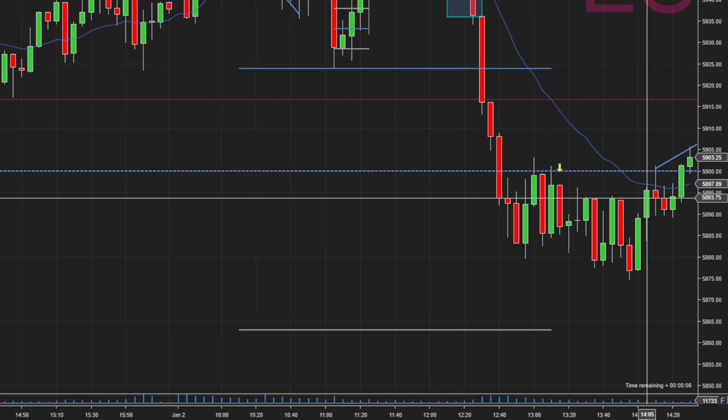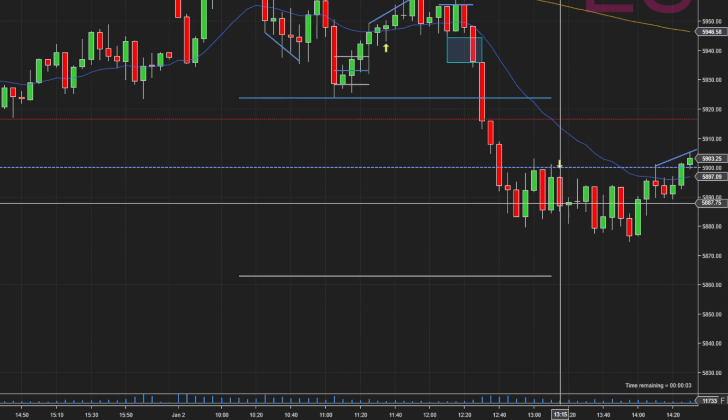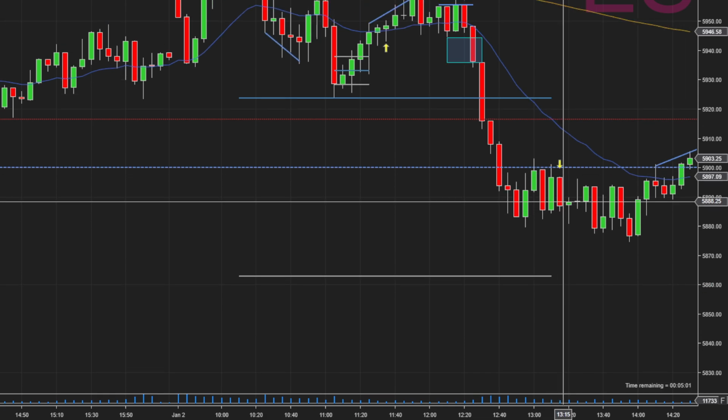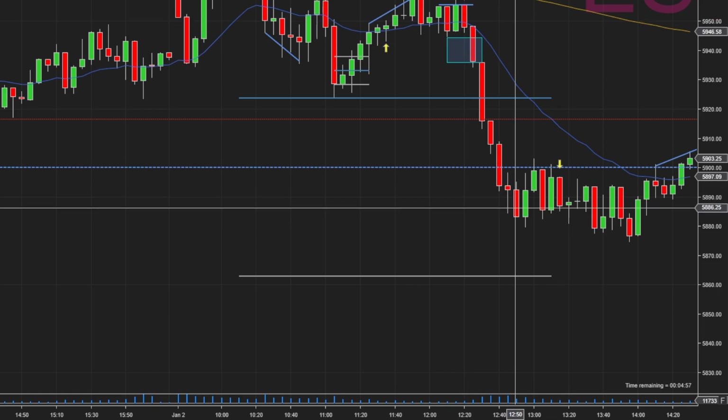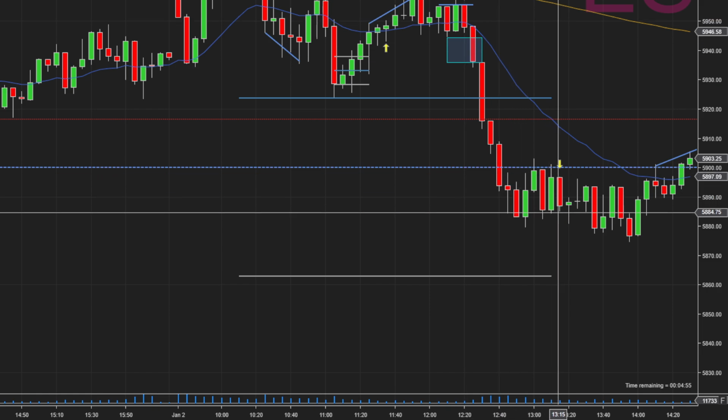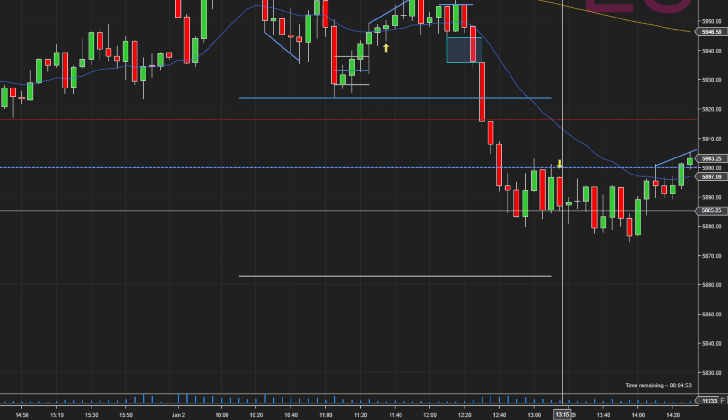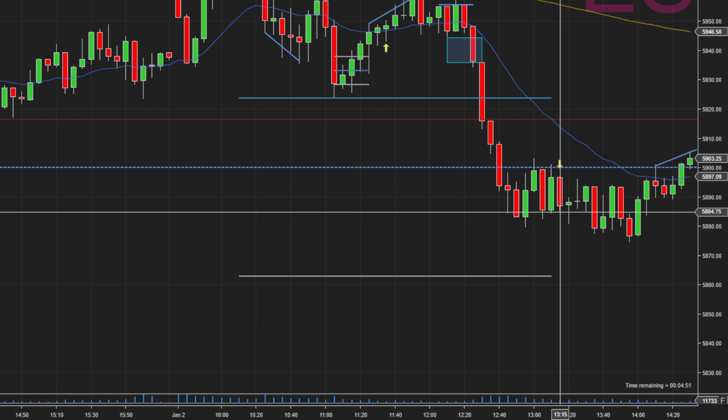So back to the orders here. I did have this marked, and this is a pretty classic trade. We're in a bear trend, a couple legs back, bear bar, that's a good place to go short. That's kind of a traditional place to go short.